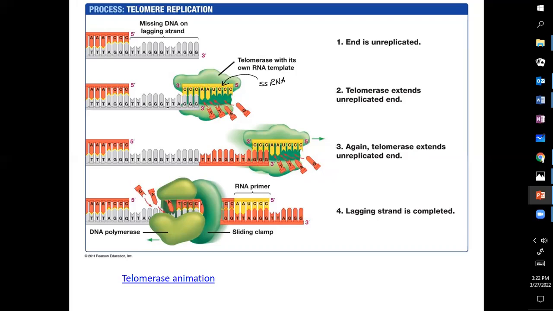So telomerase comes in, it will lengthen and create this telomere to, like I said, 100, 150 copies of this sequence. And that way it creates this sort of buffer zone at the end of linear chromosomes. Let's take a look at a telomerase animation.